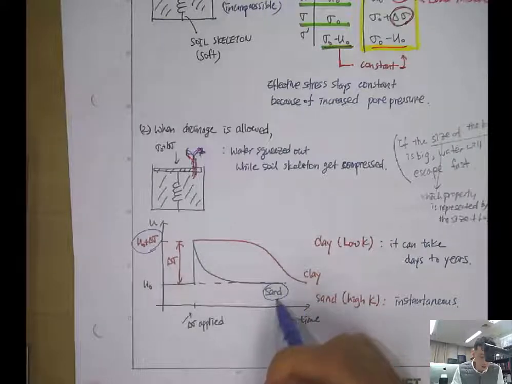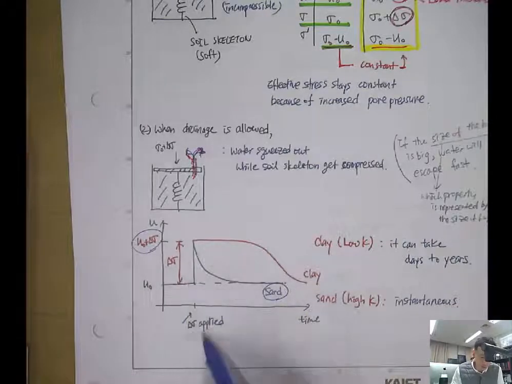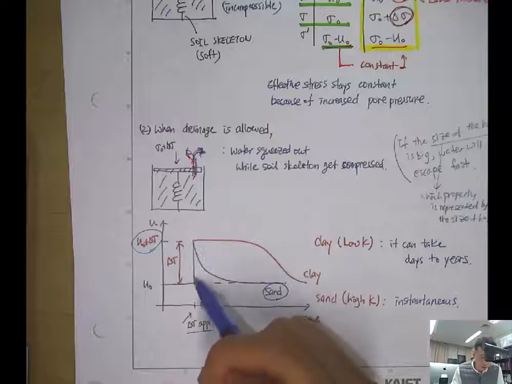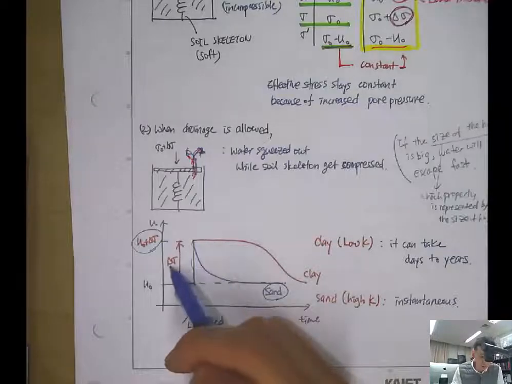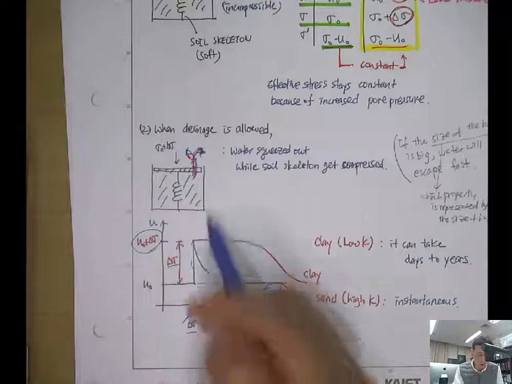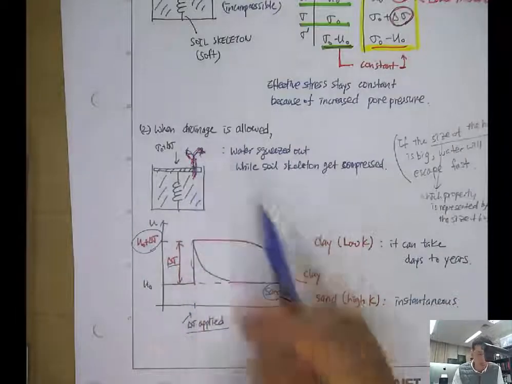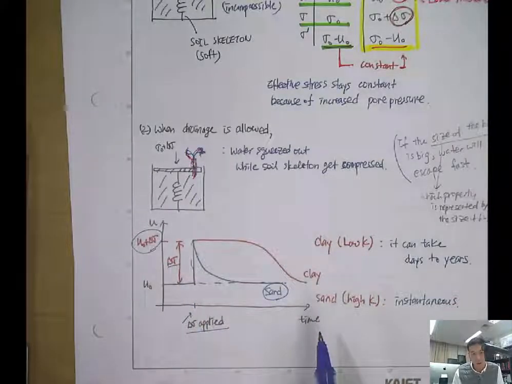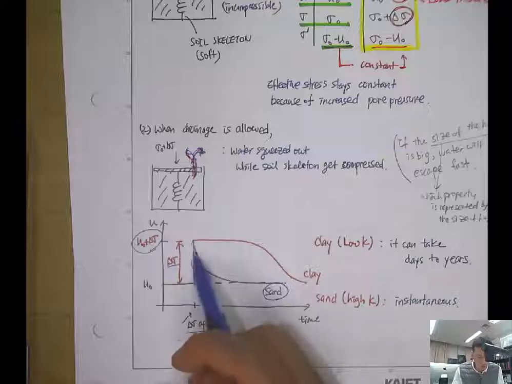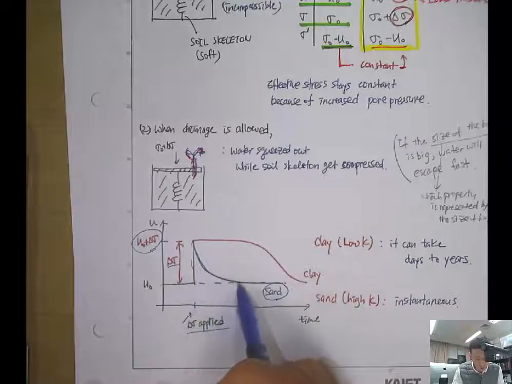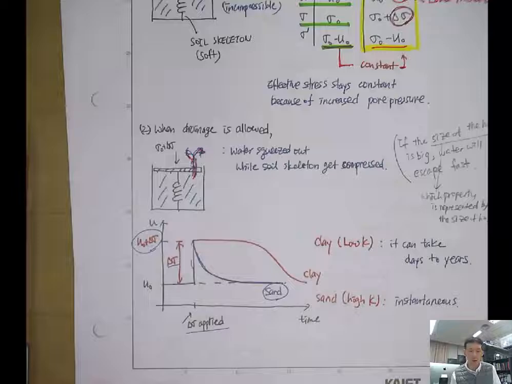So look at the sand case. When delta sigma is applied, pore water pressure will increase by delta sigma, and then because the water is escaping, water gets squeezed out, so the pore water pressure will decrease and it will go to the original state, U naught.